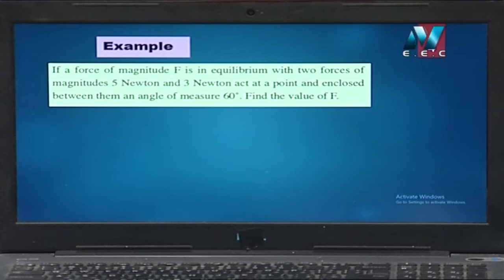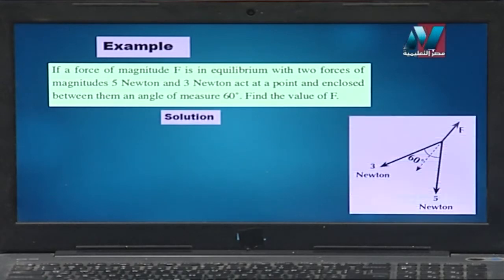We have here a question, a simple one, and we try to draw it. This is the solution. If we draw these two forces, we have the first force, which is equal to 3 Newton, the second one, which is 5 Newton, and enclosed between them 60 degrees.